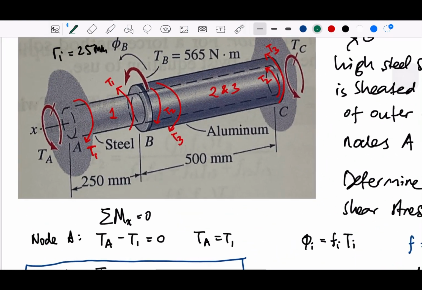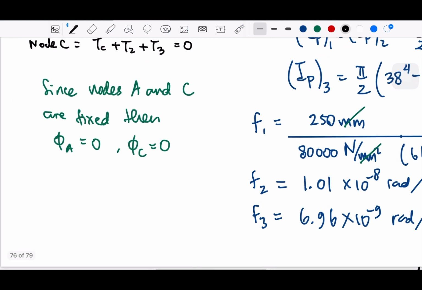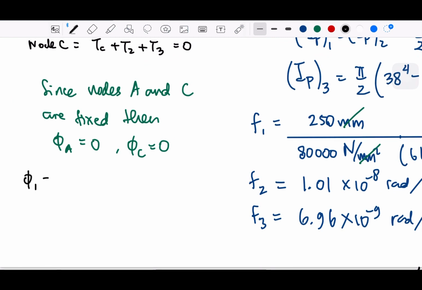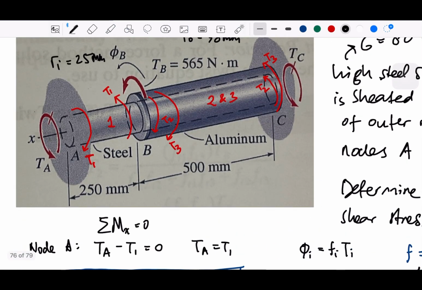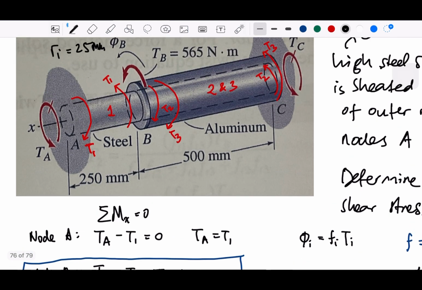And then from the picture here, we can say that there will be a difference in between here, which means that the angle 1 is angle A minus angle B, and then the angle 2 is angle B minus angle C, okay?